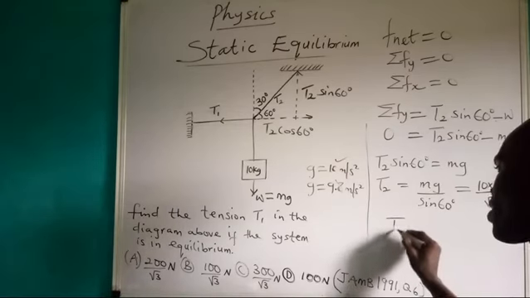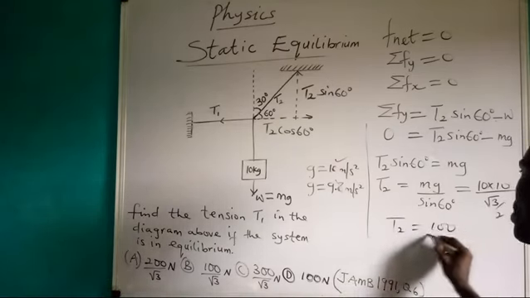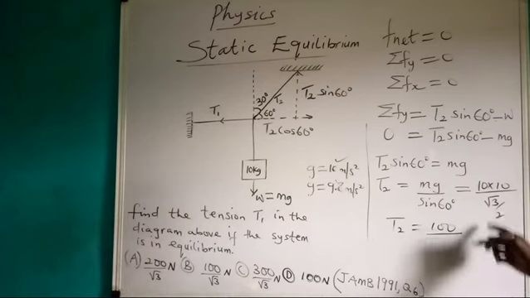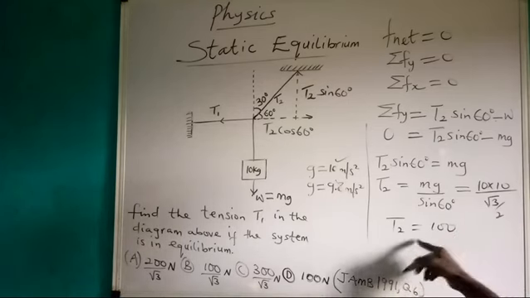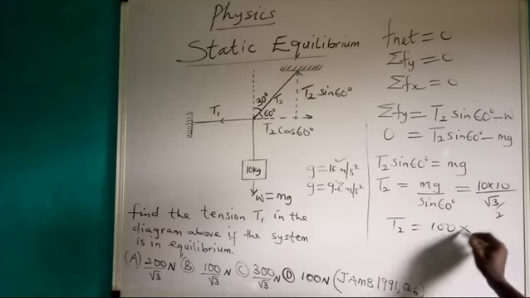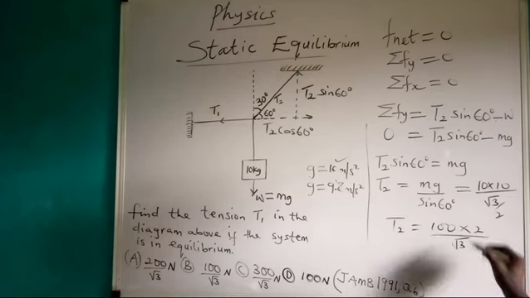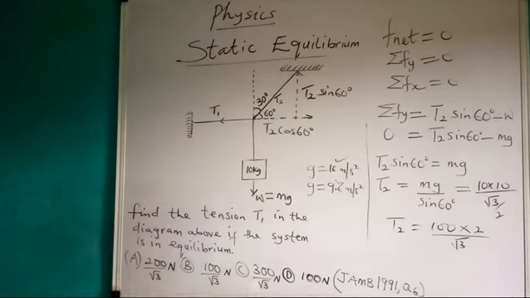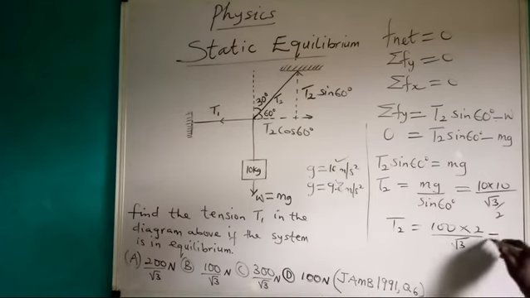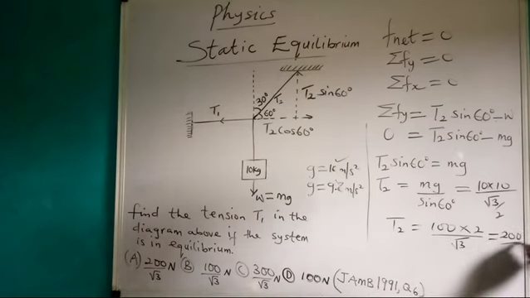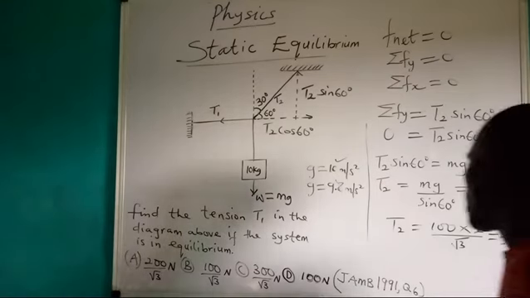All over this, when I turn it over, I will have 100 times 2 over root 3. If I turn it over, I believe you know that. Now what I'm going to have here is 200 over root 3.